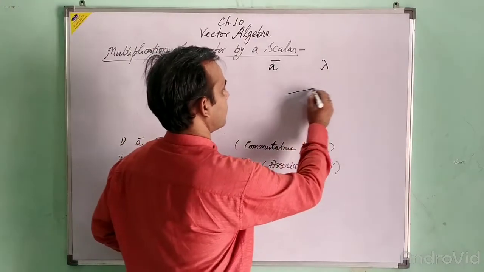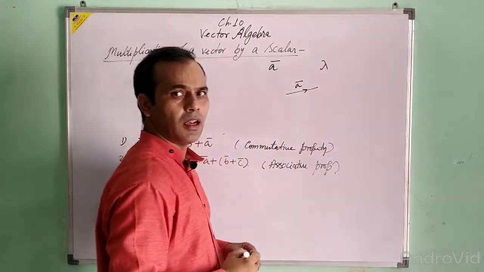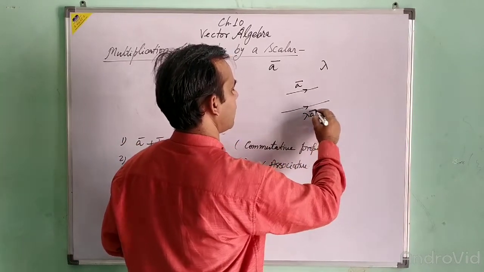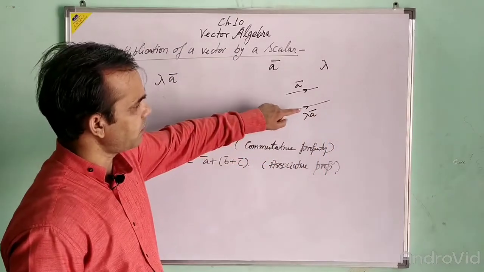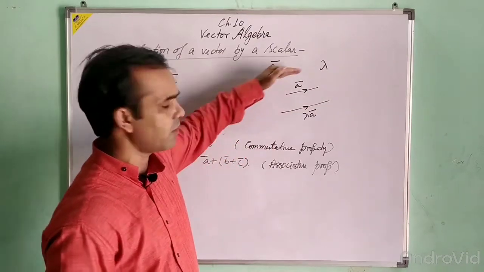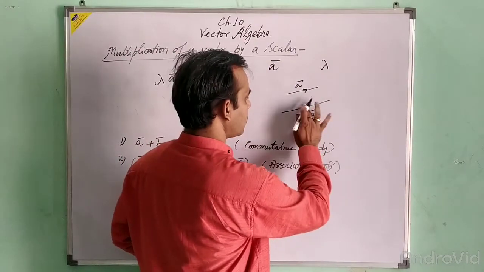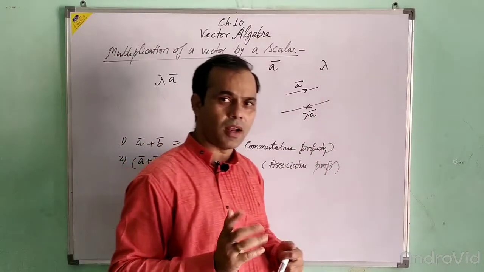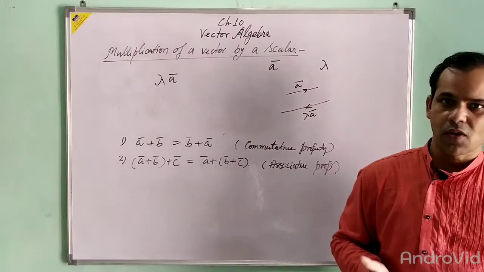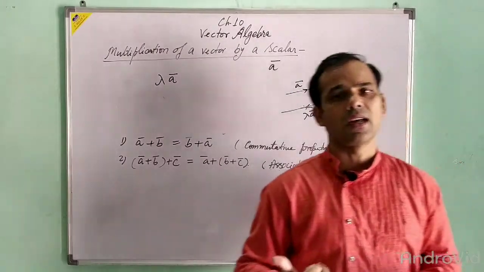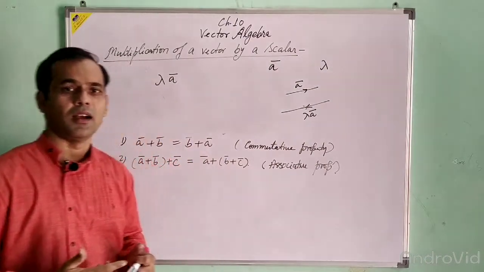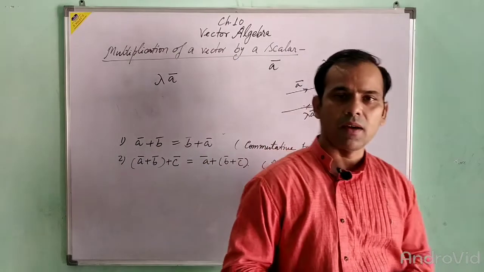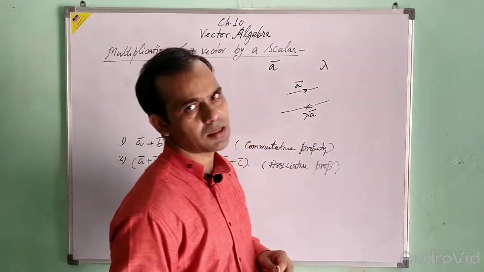A vector is this vector, and if we multiply it by lambda, then we will have a vector lambda A, and its direction may be the direction of A vector or the opposite direction. That depends upon the value of lambda. If lambda is positive, then lambda A vector will be in the direction of A vector, and if lambda is negative, then it will be in the opposite direction, but lambda A vector is always collinear to A vector.